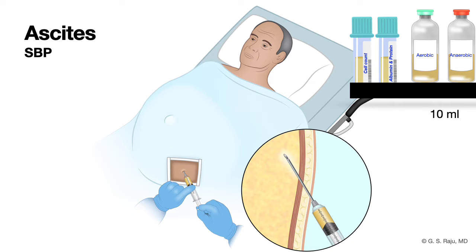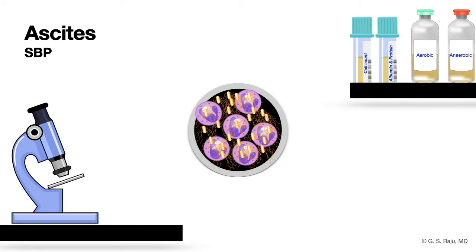So let us learn about certain definitions regarding spontaneous bacterial peritonitis. So when you look at the fluid, if the polymorphonuclear count is more than 250 per cubic millimeter, that indicates that there is obviously peritonitis.